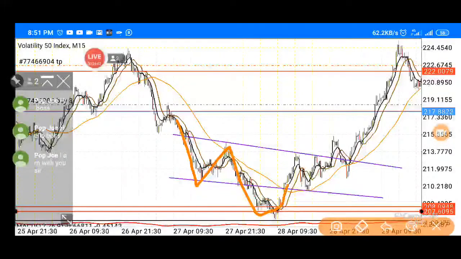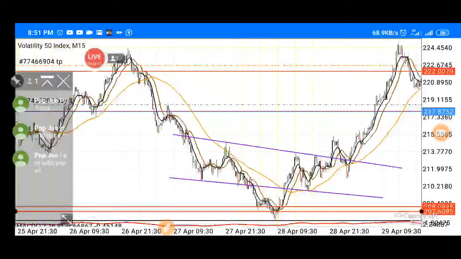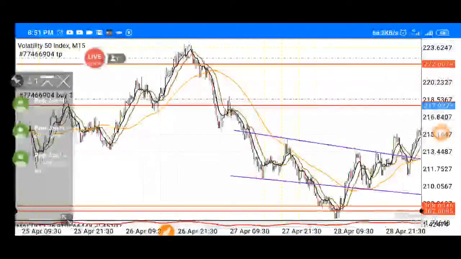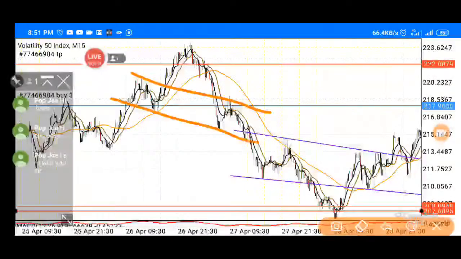Okay, Mr. Popjo, thank you very much. So do you see that inverted head and shoulder? It's not on the same level also. Like this head and shoulder that we drew, we used a trend line.